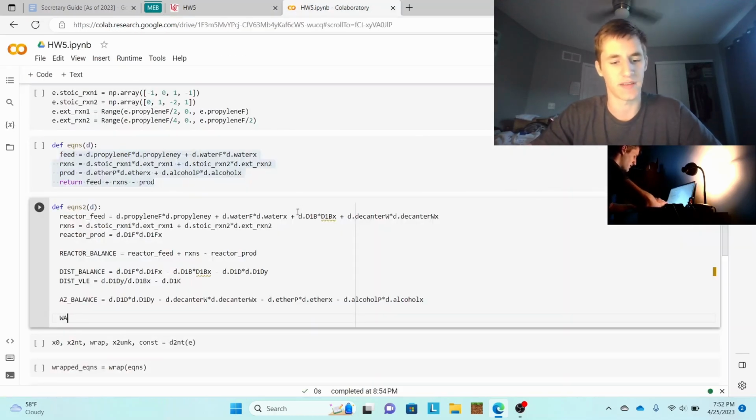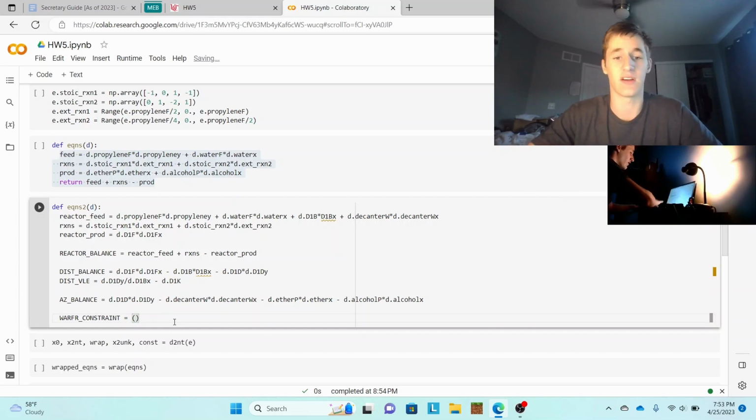So I'm going to call that the Warfer constraint. And so what Warfer stands for is water to alkene reactor feed ratio.